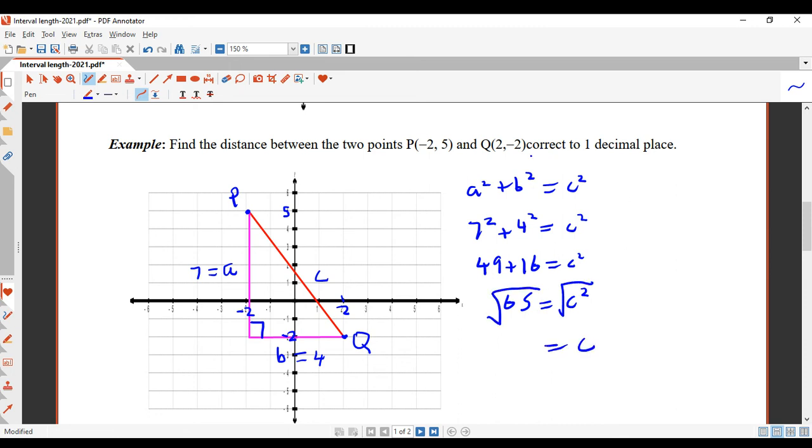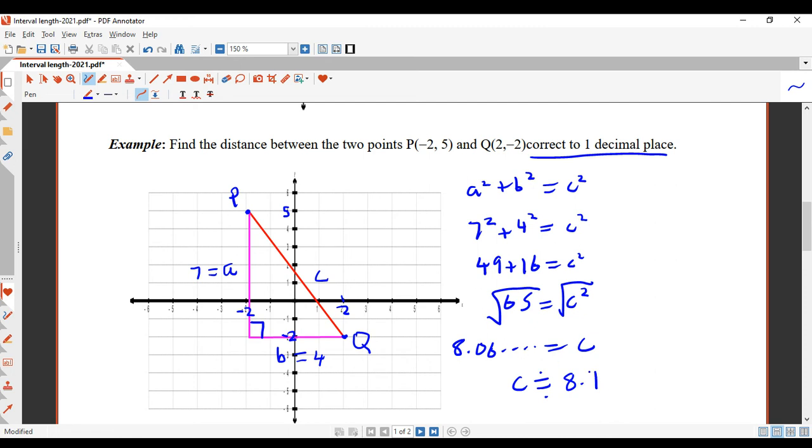Okay, now it says correct to 1 decimal place. So if you put in square root of 65, you're going to get 8.06 dot dot dot, which means C is approximately 8.1 to 1 decimal place.